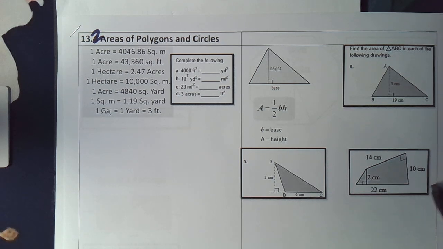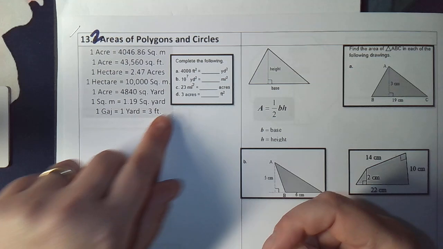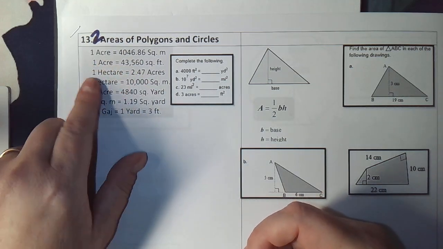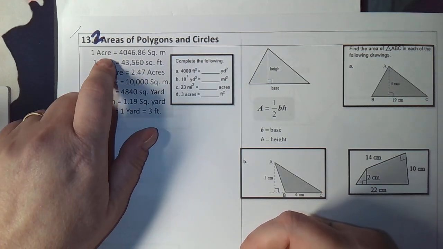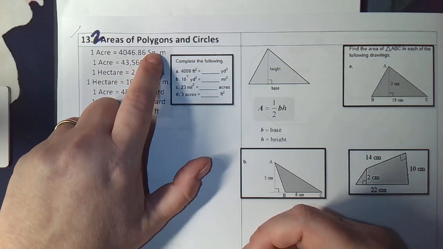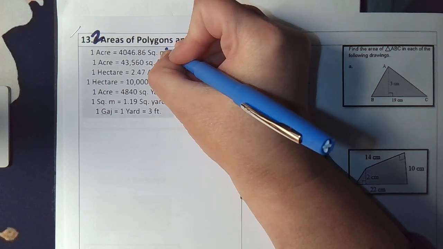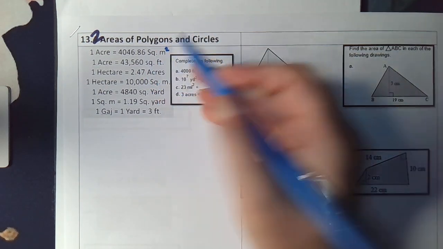We're on 13.2. 13.2 starts off like 13.1 with some conversions. Let me explain what this little chart means. 1 acre is 4,000 blah blah blah square inch. This square inch means meters squared. That's what square m means.